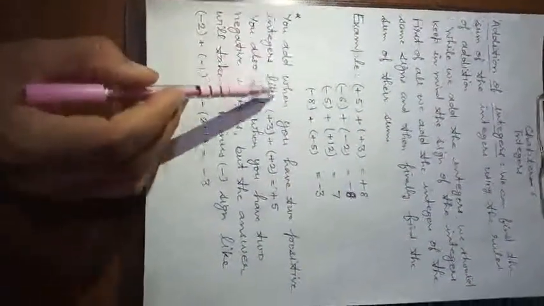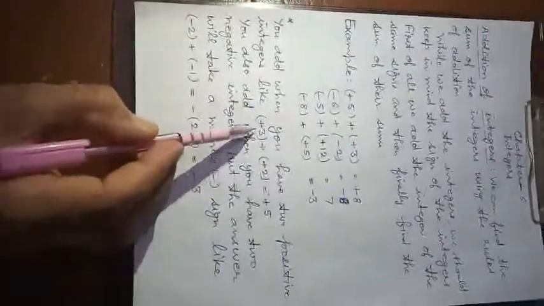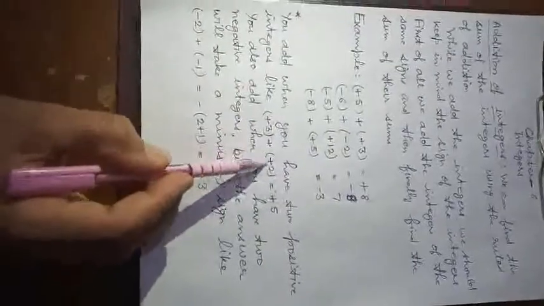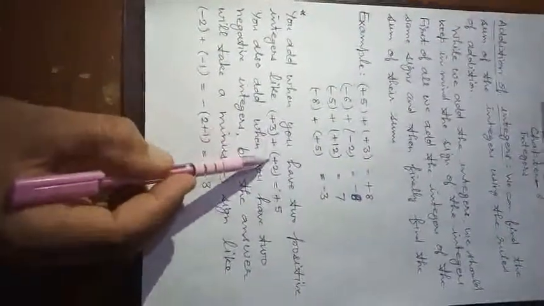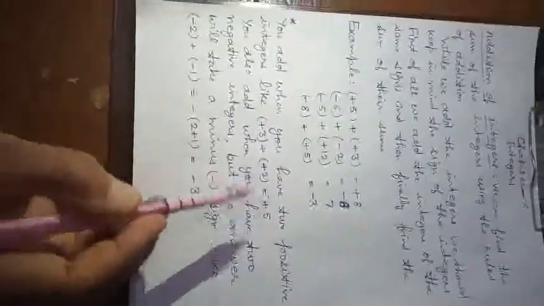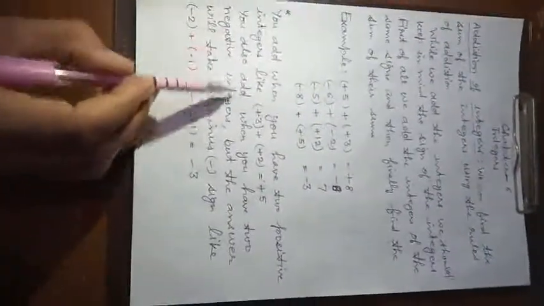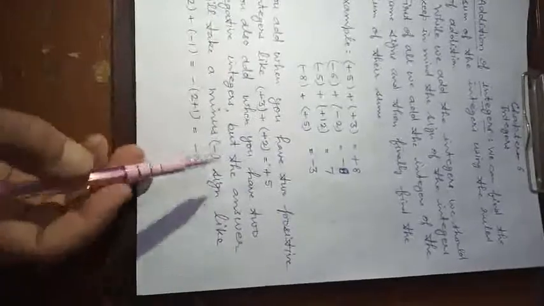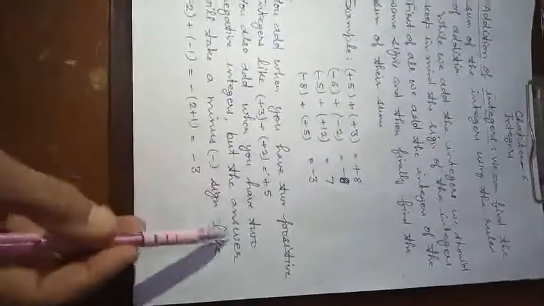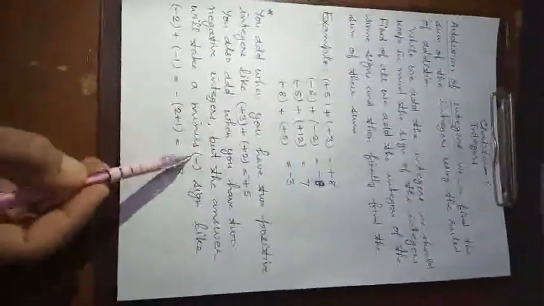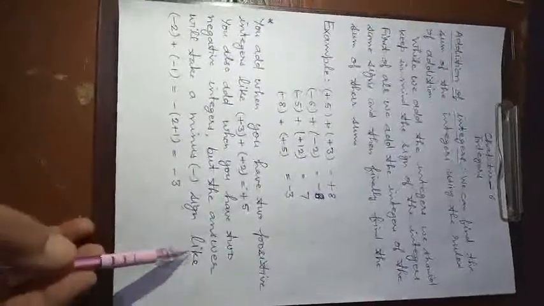You add when you have two positive integers like plus 3 plus plus 2. Both are positive, answer will be positive 5. You also add when you have two negative integers, but the answer will take a minus sign like minus 2 plus minus 1.